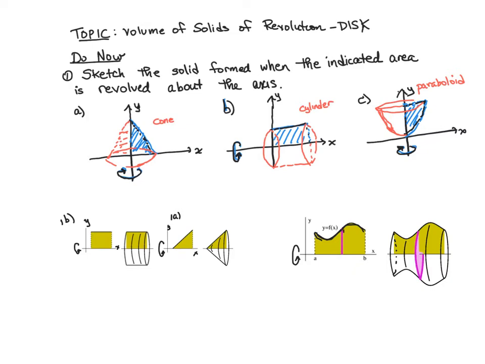But notice that this generic rectangle that we use to get the area in the region rotates to get what's called a disk. So rather than summing areas of infinitely many rectangles, we are going to rotate all those rectangles and sum infinitely many volumes of these disks. So let's look at the next page and summarize.